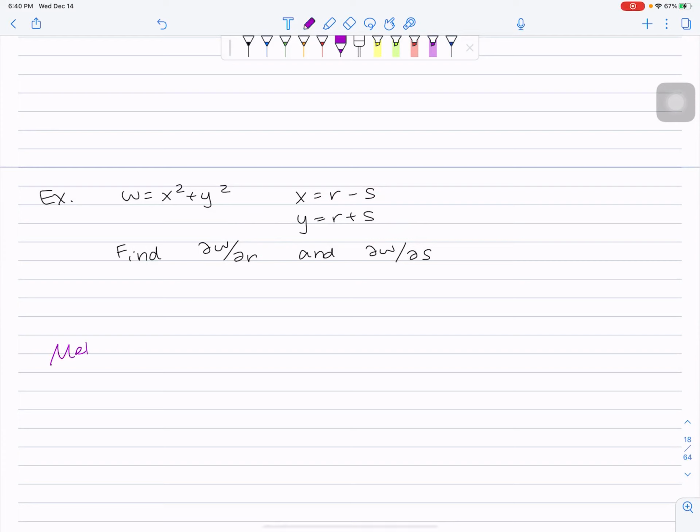So method 1, I do my branch. I have w, and w is a function of x and y. X and y are each functions of r, but they're also each functions of s, so I have to make a separate diagram for that.